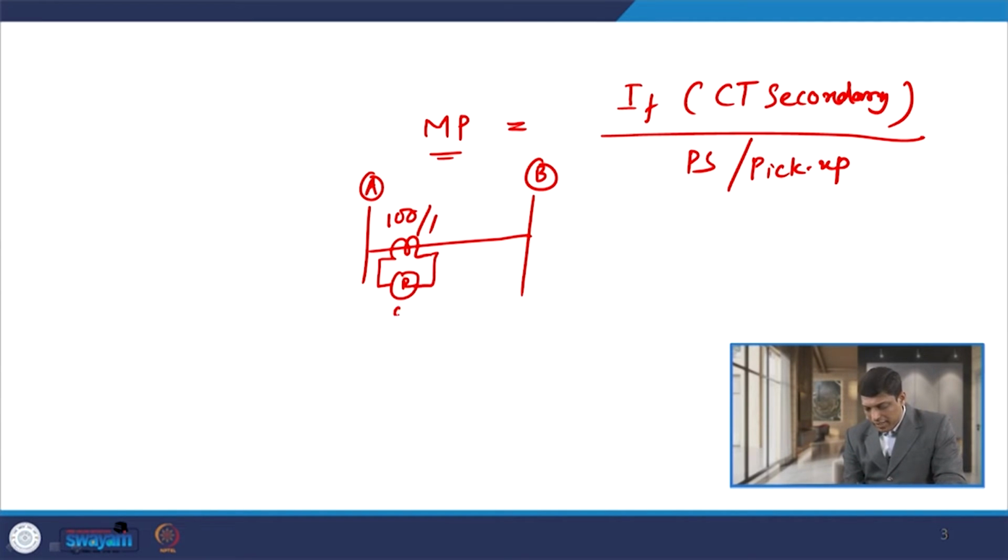Say it is an overcurrent relay. In the actual field, the relay name is not written completely.